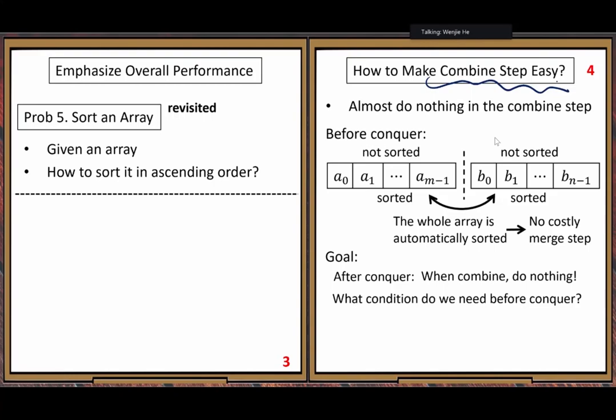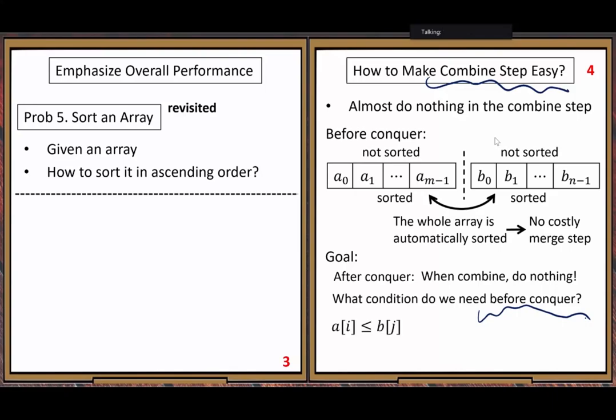If you want to make an assumption on your data to have some nice property, you need to have it before conquer, that is, at the divide step. At the divide step, your data already has that special property. That means you need to do your divide step carefully to get that special property.